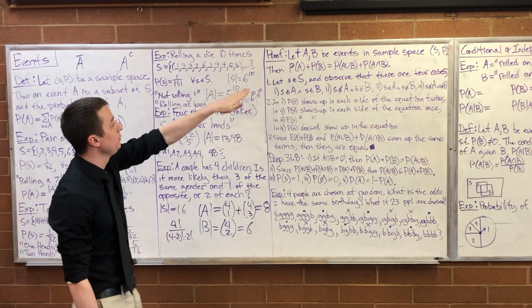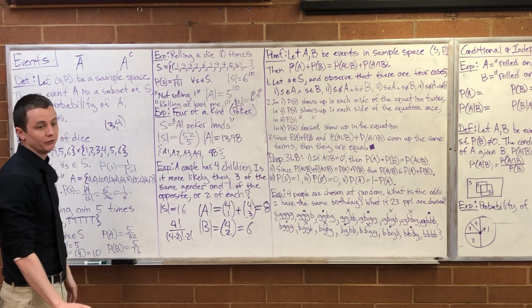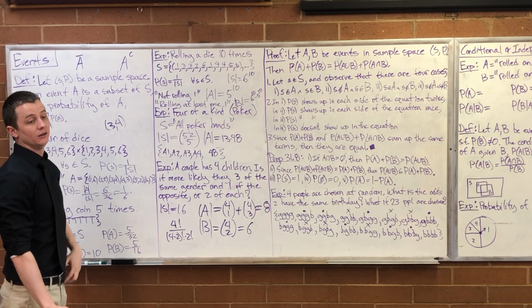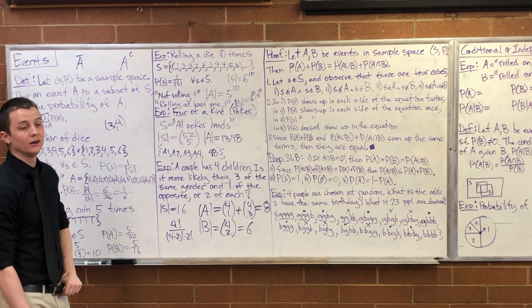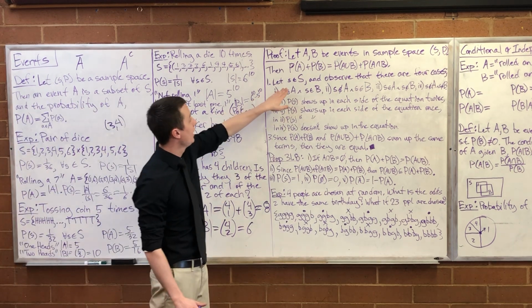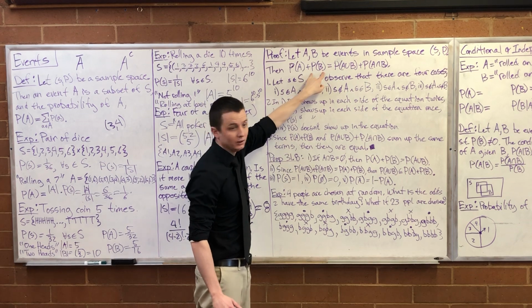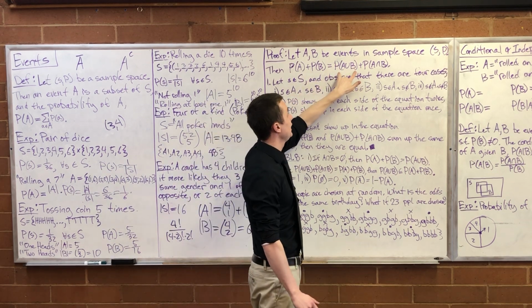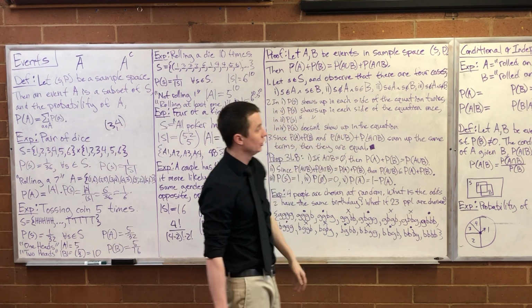Okay, so let A and B be events in the sample space S. What do we know about A and B so far? They're events in the sample space, so they're subsets of S. Wonderful. Now I'm going to prove that the probability of A plus the probability of B is equal to the probability of A union B plus the probability of A intersect B. Now what does that formula look a lot like?